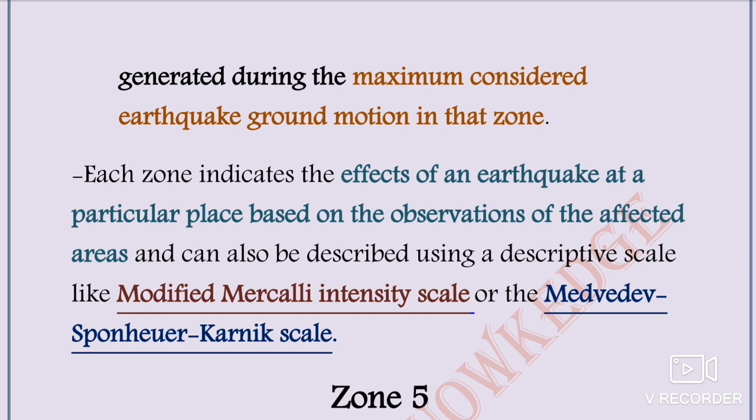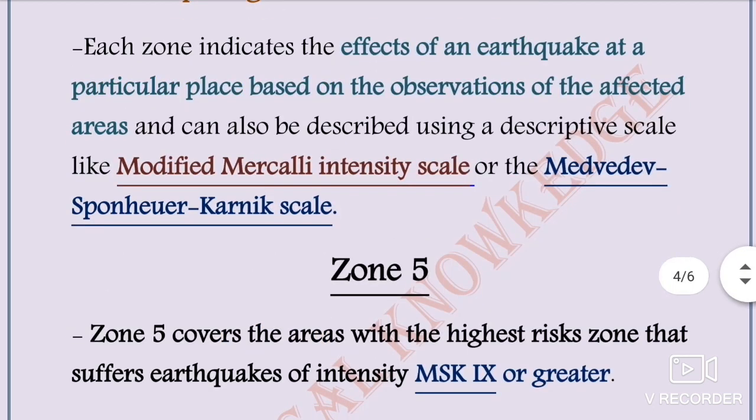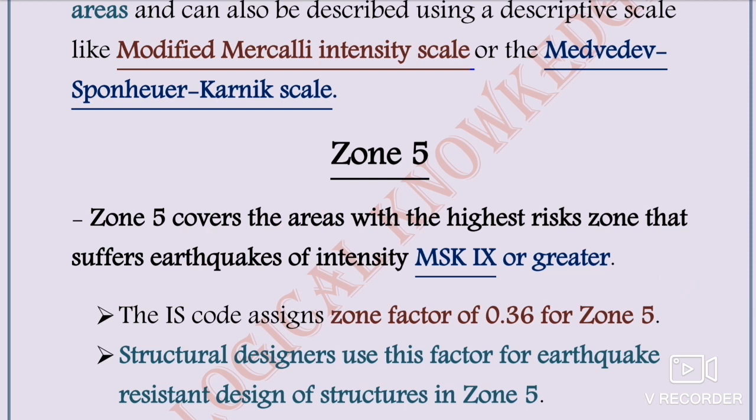On the basis of their damage, intensity and destruction, the zoning has been done, and can also be described using a descriptive scale like the Modified Mercalli Intensity scale, or the Medvedev, Sponheuer and Karnik scale. So now we talk about zones.